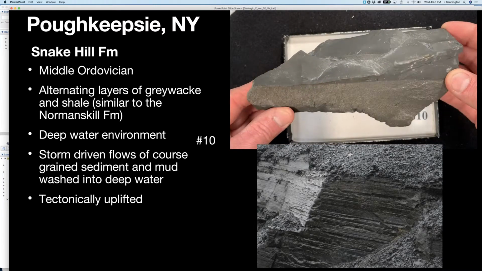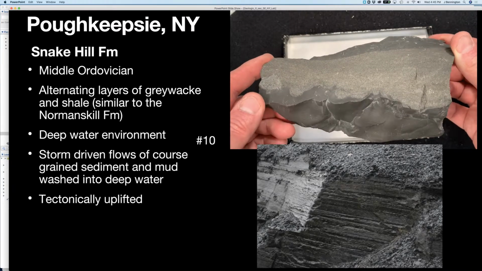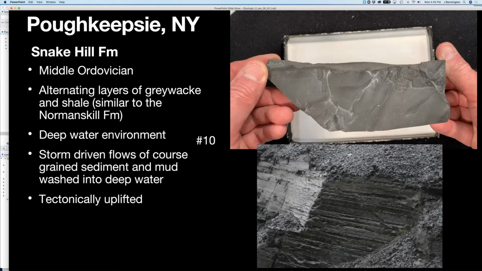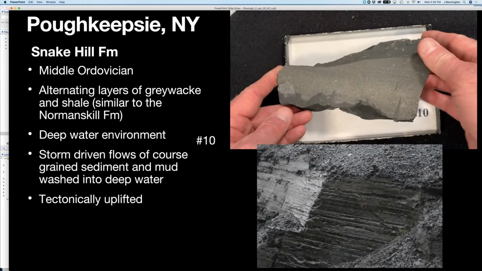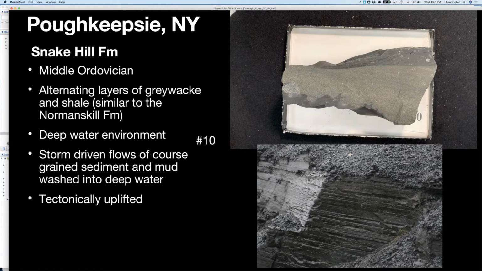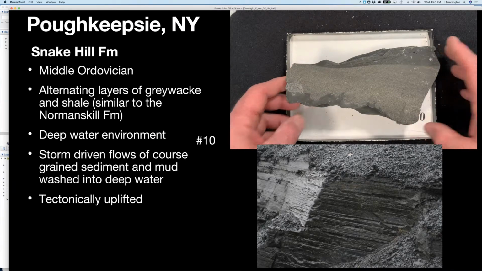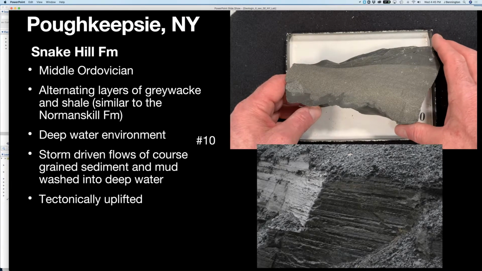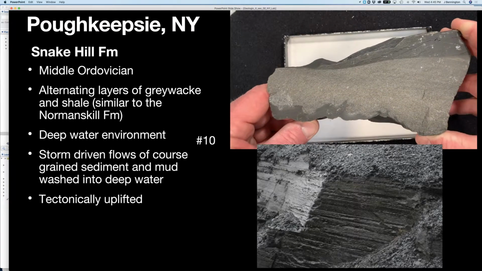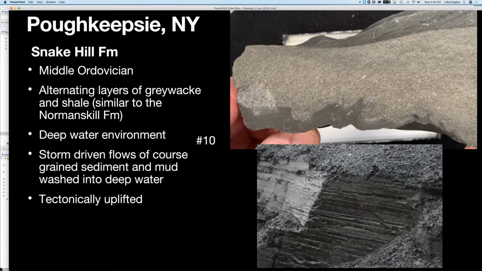And in the Snake Hill Formation, you see alternating layers of greywacke, shale, greywacke, shale, greywacke, shale, which show us that the greywacke was sand and mud that was being washed into deeper water periodically by storms and settling out into the mud that was already accumulating in the deeper water.